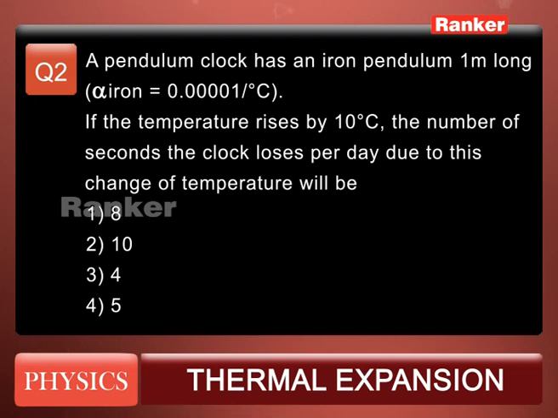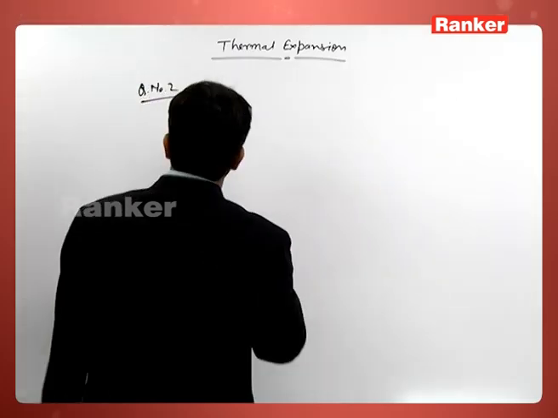If the temperature rises by 10 degrees centigrade, the number of seconds the clock loses per day due to this change of temperature will be. So first option is 8 seconds, second option 10 seconds, third option 4 seconds, and the fourth option 5 seconds. So see here how to do it.